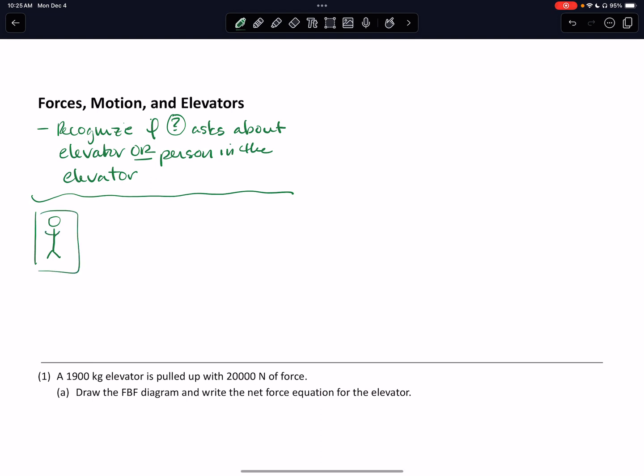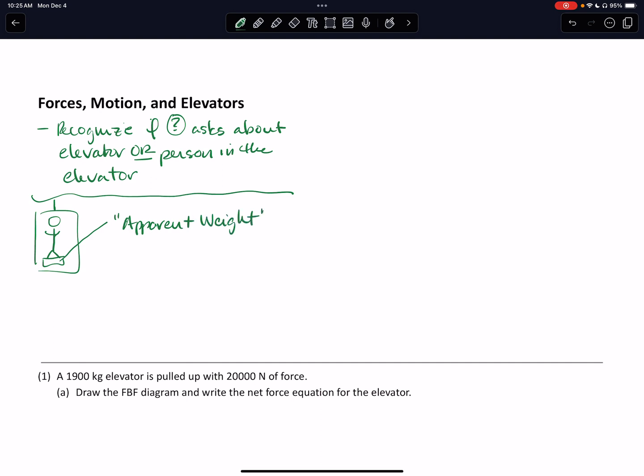Now, some of these problems are going to also include a person in an elevator. Let me give them some arms. And that person is standing on a scale. So the elevator is moving up or down, the person is standing on the scale, and it asks you about the apparent weight of that person.